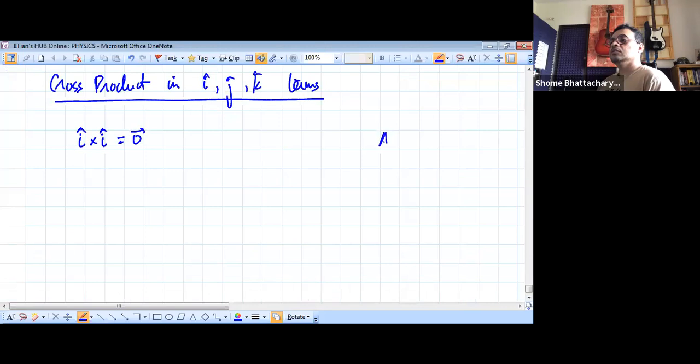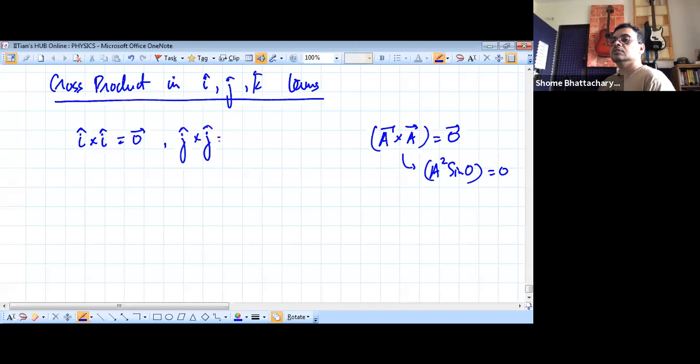Because any vector cross product with itself is 0, because it is A squared sine 0, which is 0. So J cross J is 0 and K cap cross K cap is 0. But I cap cross J cap is positive K cap.